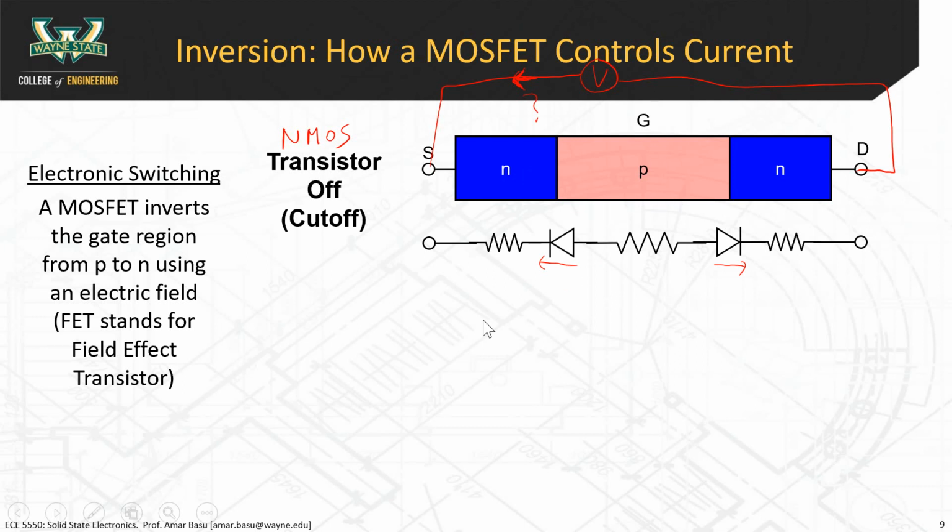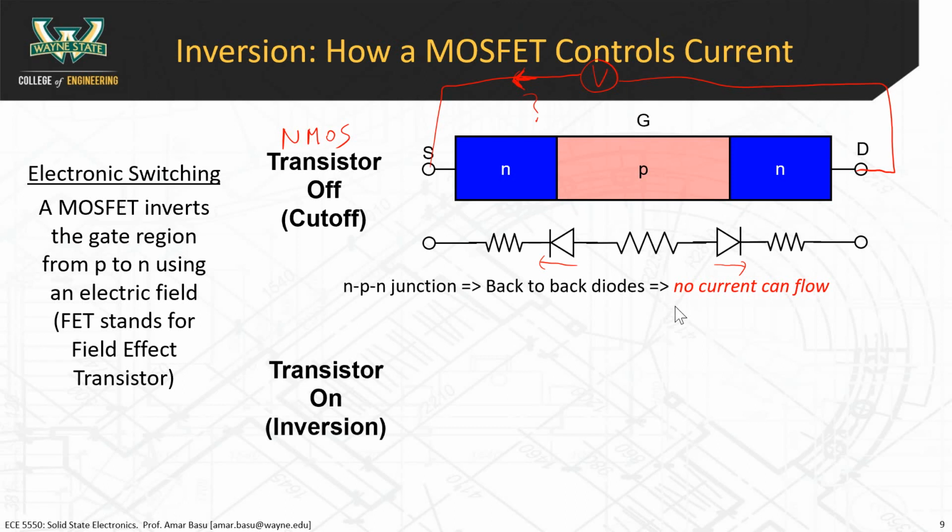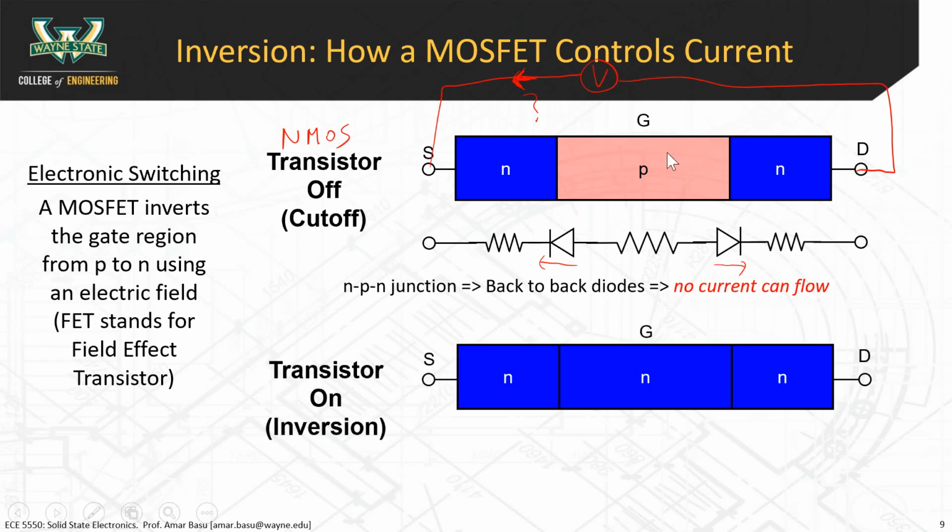The way that we turn the transistor on: as I just mentioned, this is an NPN junction, back-to-back diodes, and no current can flow. We turn the transistor on by what is called inversion. We change the middle section, the gate region, from a P-type to an N-type.